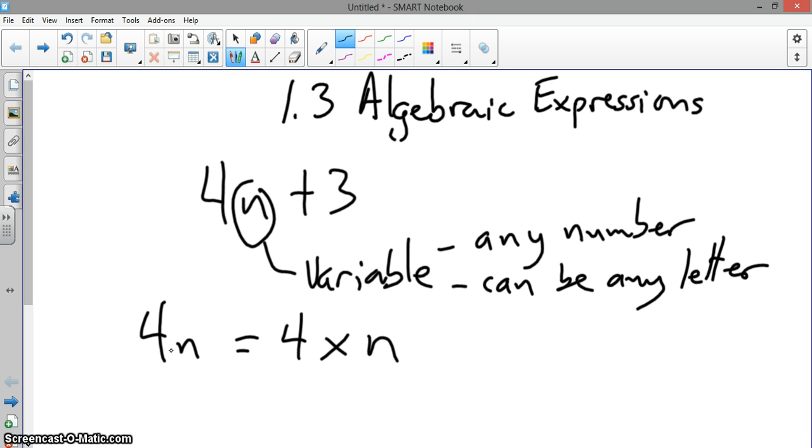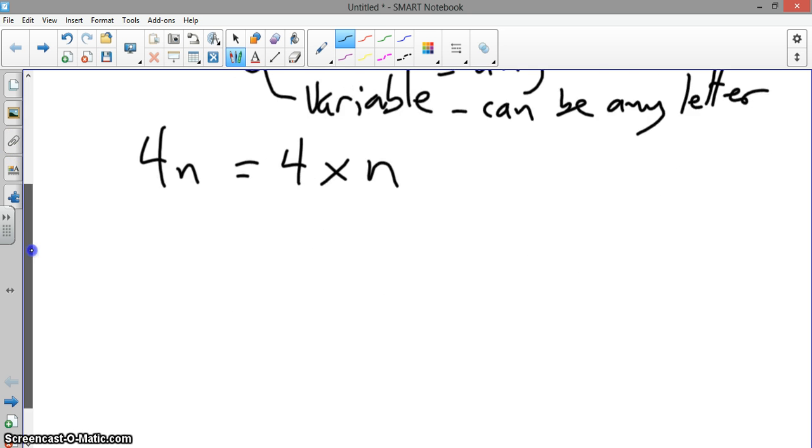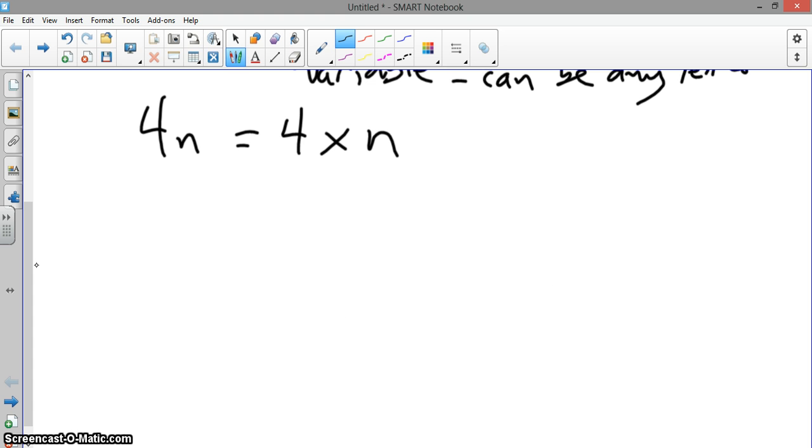So the next thing is, now that we know what an algebraic expression is and what a variable is, we need to find out from reading how we can figure out what our expression is. Now, there's a few buzzwords that we have to remember.